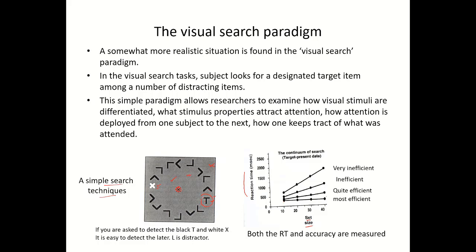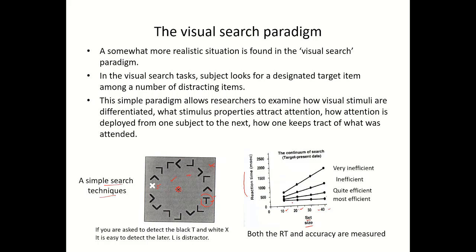If you are asked to find T when there are 20 objects, then if you increase the number of objects, it will be more difficult. So here 10 objects, 20 objects, 30 objects, 40 objects.